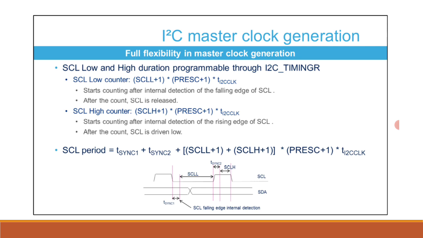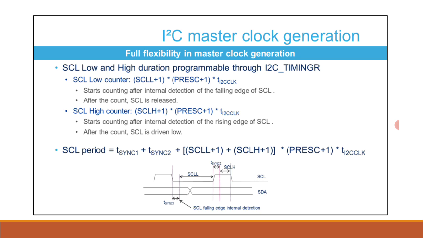Okay, the SCL low and high level counters start after the detection of the edge of the SCL line. This implementation allows the peripheral to support the master clock synchronization mechanism in a multi-master environment as well as the slave clock stretching feature. Therefore, the total SCL period is greater than the sum of the counters.